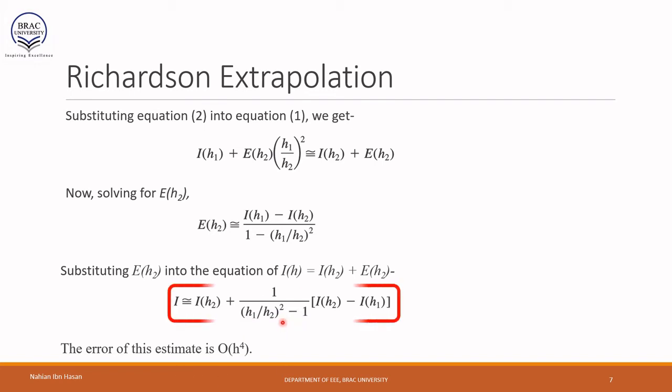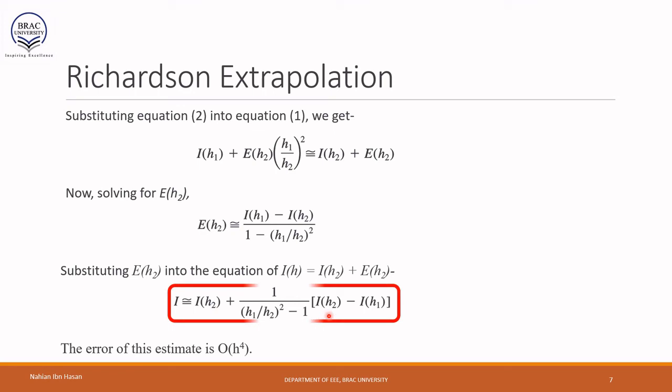On the right hand side of this equation, you have integral results with step sizes h2 and h1, and using both of those results you get a better approximation I. So I is a result that has been obtained using previous results. That's Richardson extrapolation: we are using already obtained results to calculate a more accurate result. This has an estimation error of the order of 4.